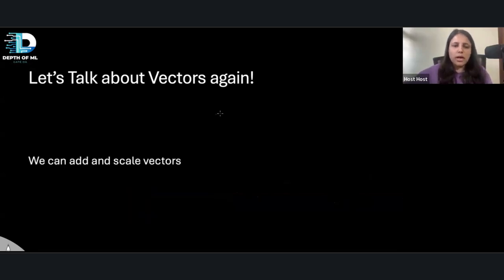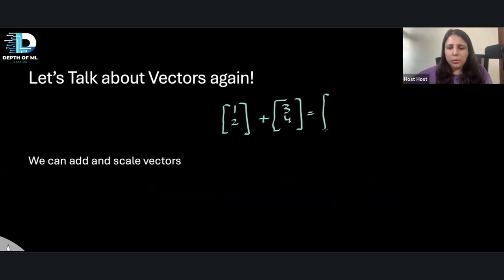We also saw that we can scale a vector and we can add two vectors. Suppose I have a vector 1, 2, and another vector, say 3, 4. I can add them and I will get a new vector, which is 4, 6. We also saw a geometric interpretation of how these vectors add up.